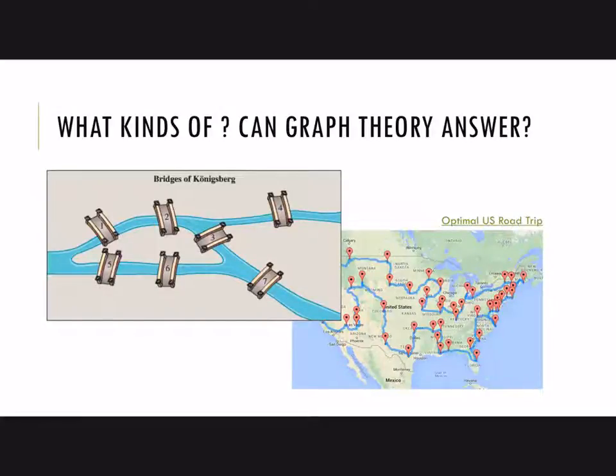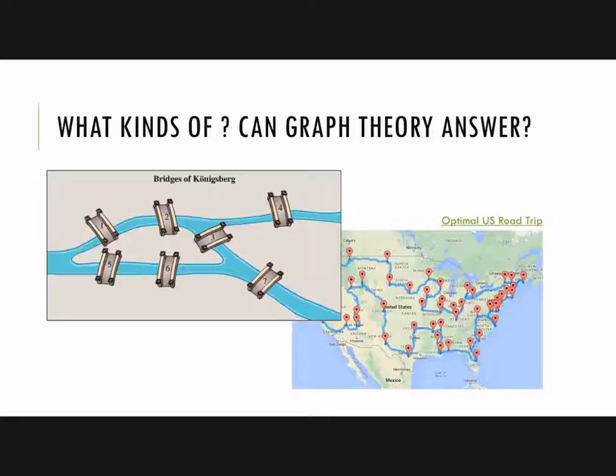Back in the 1700s, there was a town in Prussia. It's now in Russia. It was Königsberg, and the citizens in Königsberg liked to take walks in the evenings, and their city had this river that went through it, and they had 7 bridges over the river.